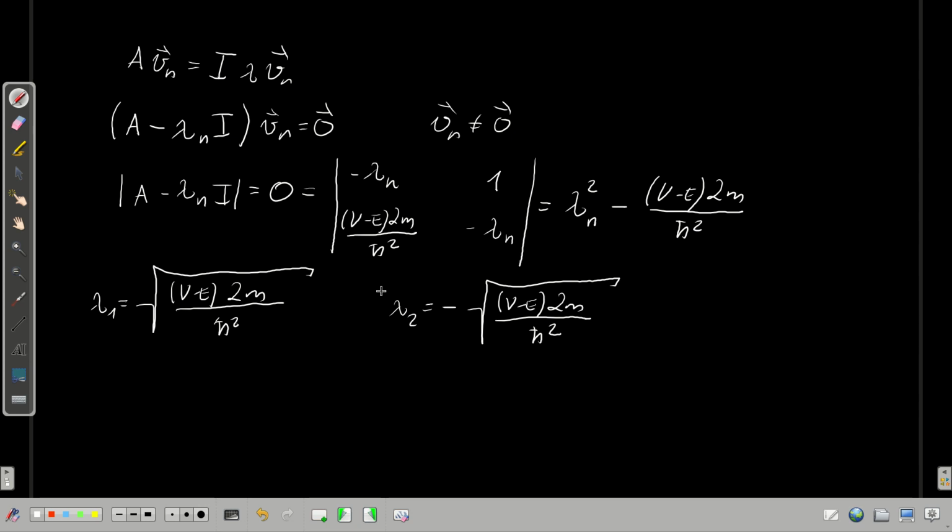Now, the next thing we have to calculate are the corresponding eigenvectors. Therefore, we, for example, take this lambda 1, plug it into this equation star here, plug it into this equation, and then see what the components of Vn have to be such that this equation is fulfilled.